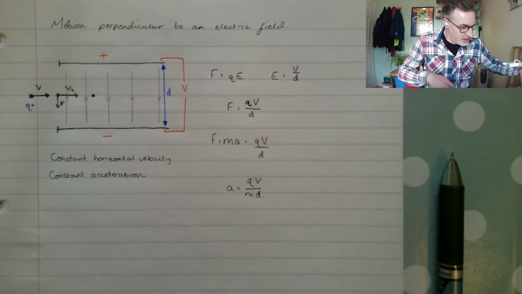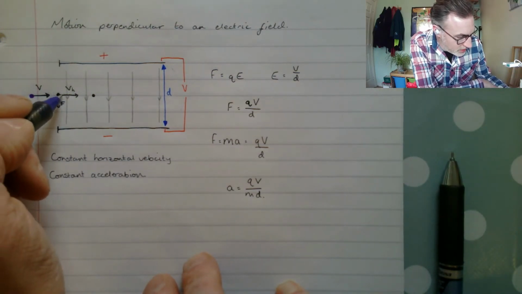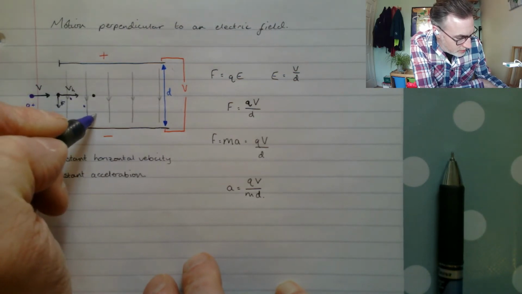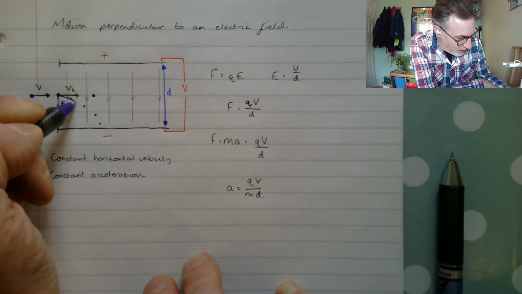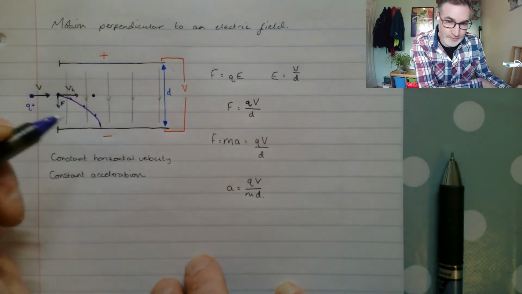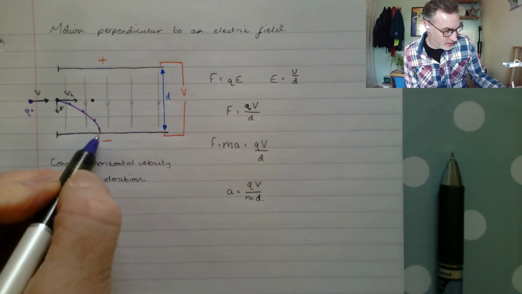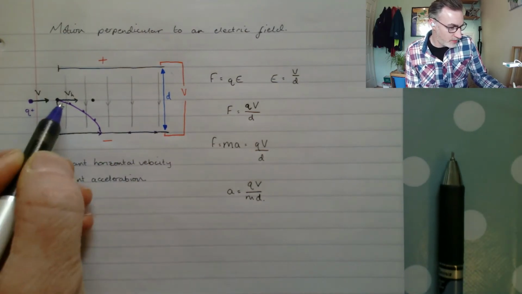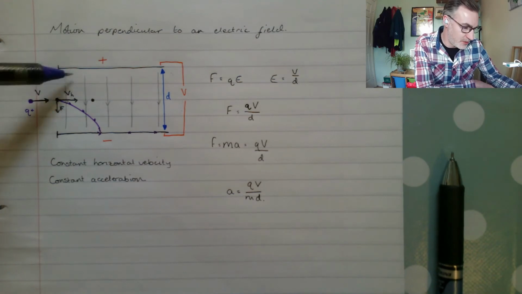So as it enters the electric field, it's going to have constant horizontal velocity and constant downwards acceleration, giving this sort of projectile path. It's going to curve down and strike, and the point at which it strikes will depend on the initial horizontal velocity, and obviously also the plate separation.